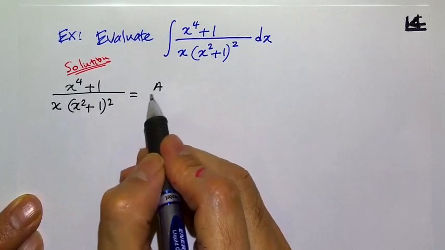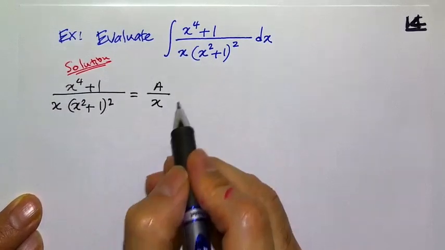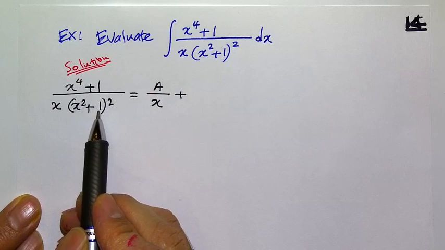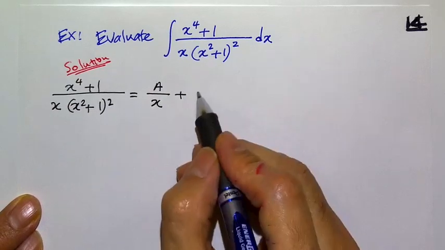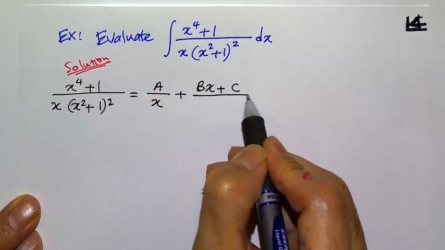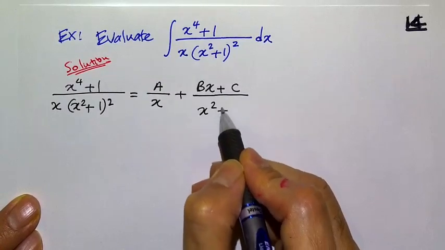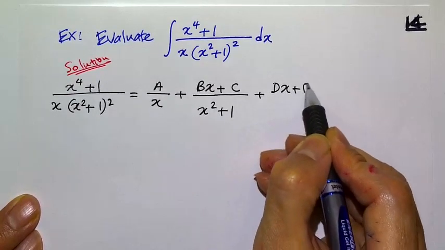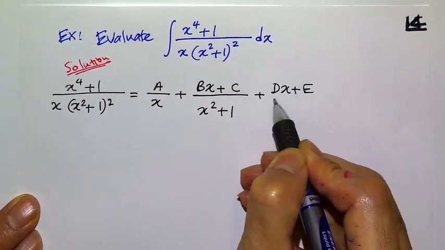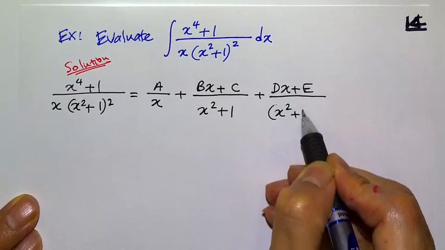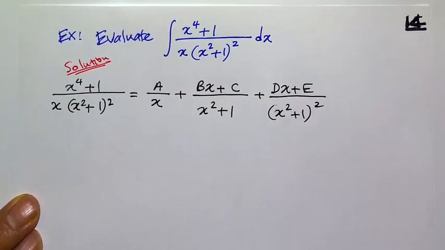So I'm just going to say A over x plus, then this is a repeated quadratic factor, so I'm going to say Bx plus C over x squared plus 1, and then plus Dx plus E divided by x squared plus 1 squared.